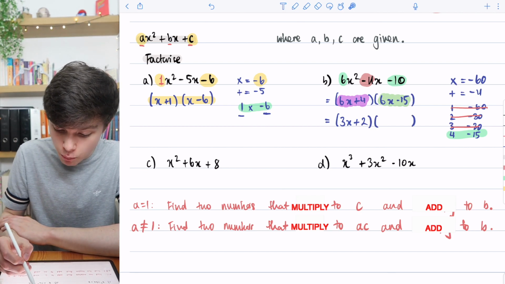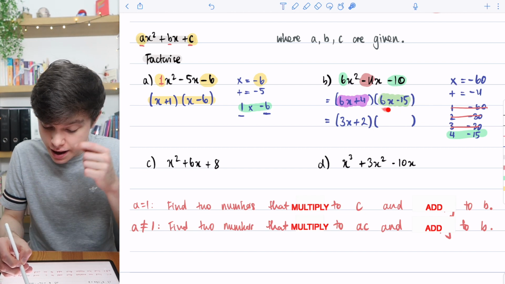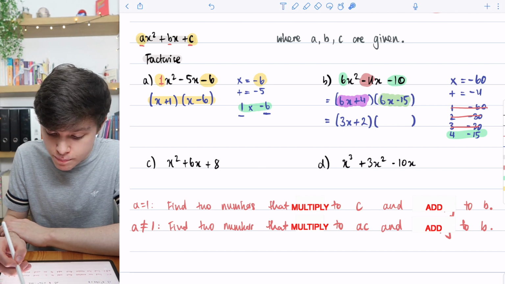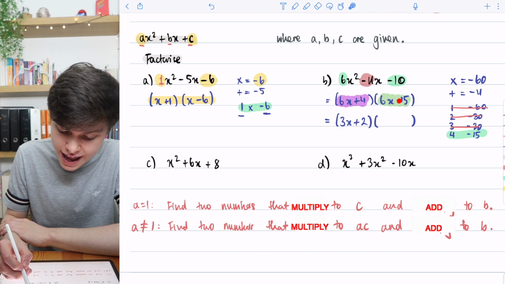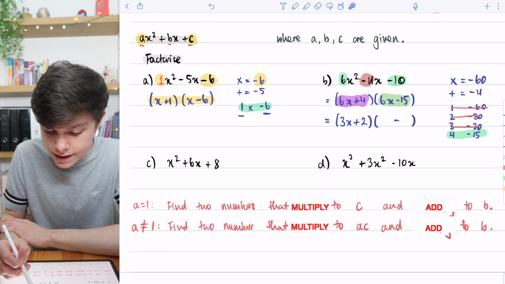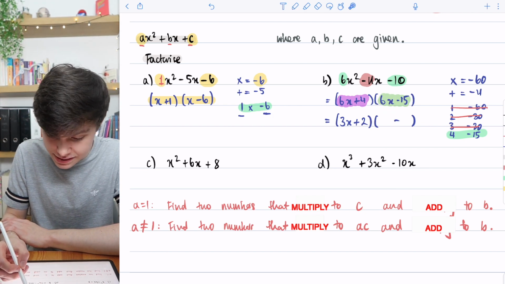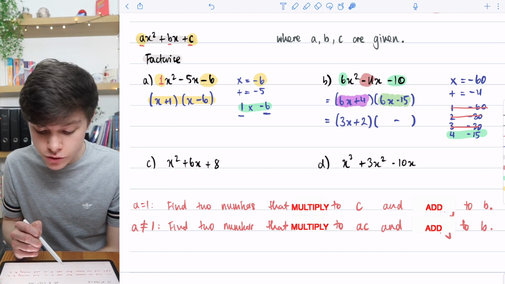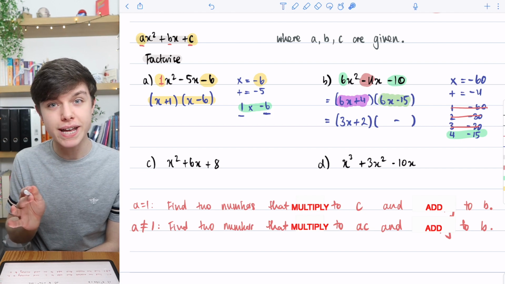Then we need to think about what we can do with this bracket here. I'm going to again divide by the highest common factor of both terms. Now just ignore the negative here for the minute. That will just carry down. We need to think, what's the highest common factor of 6x and 15? I can divide both of those terms by 3.